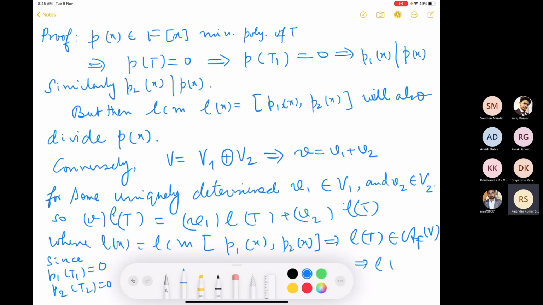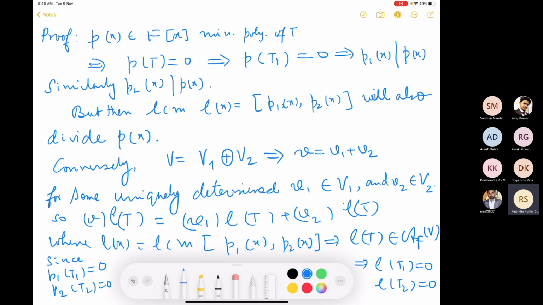So L(T1) is 0, and L(T2) will also be 0. Since P1 divides L(x) and P2 also divides L(x), therefore v L(T) will be 0.